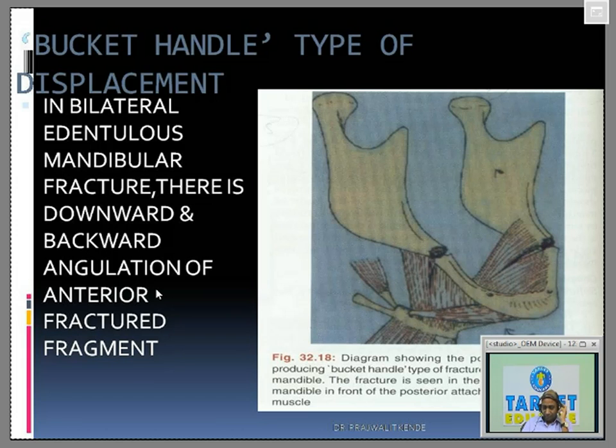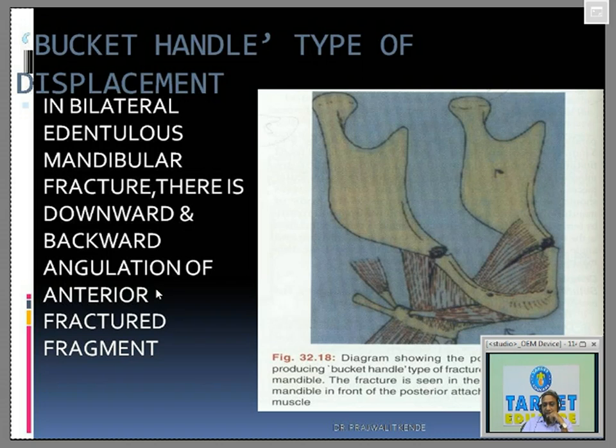Now it is very common that there is a fracture of bilateral parasymphysis or body fracture of the edentulous mandible. So in such cases you can see that because of the attachment of the geniohyoid muscle, genioglossus muscle, and mylohyoid muscle, this particular fragment here is displaced posteriorly and downwards.